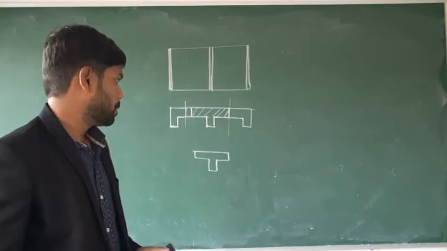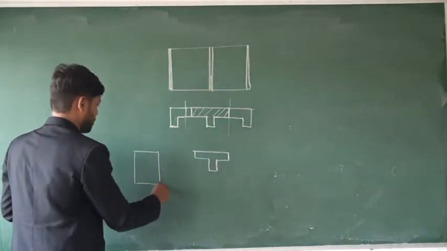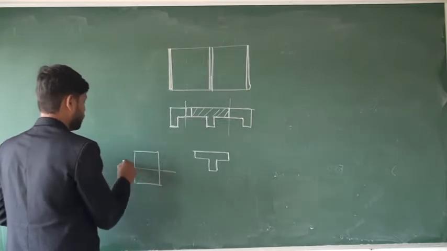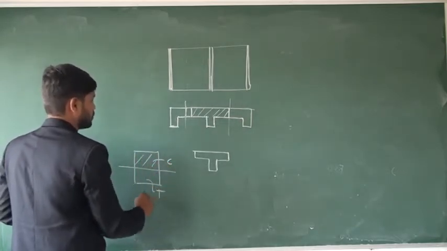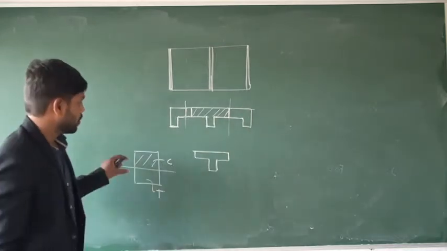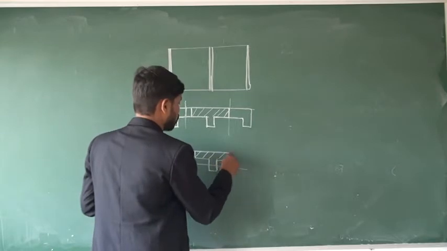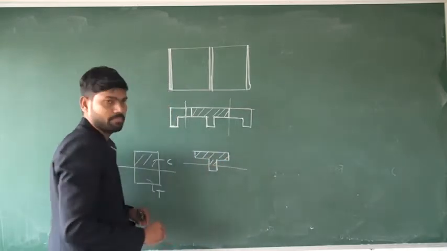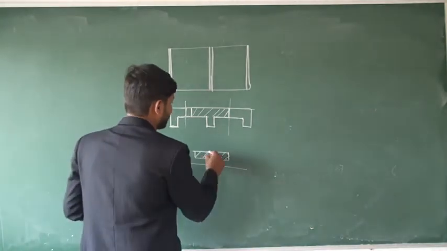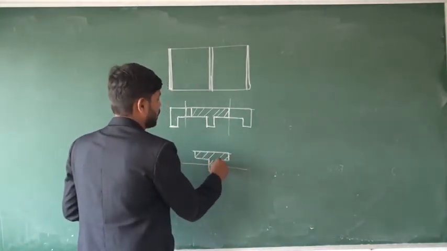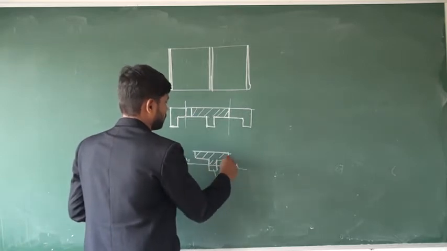Now what will happen? We know that in a beam, the top portion is subjected to compression and the bottom portion is subjected to tension. Now this top portion over here is inclusive of slab portion and beam. Definitely this portion will take a compressive load, and below the neutral axis there will be a tensile load.